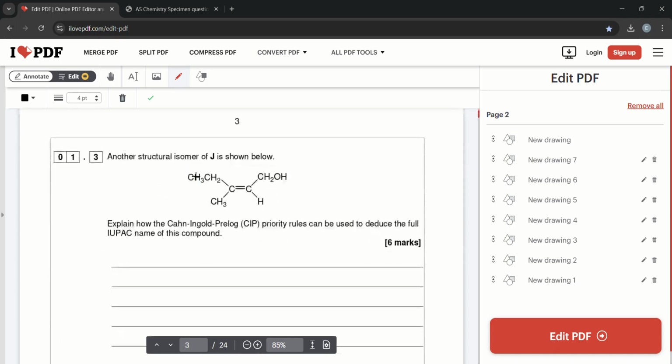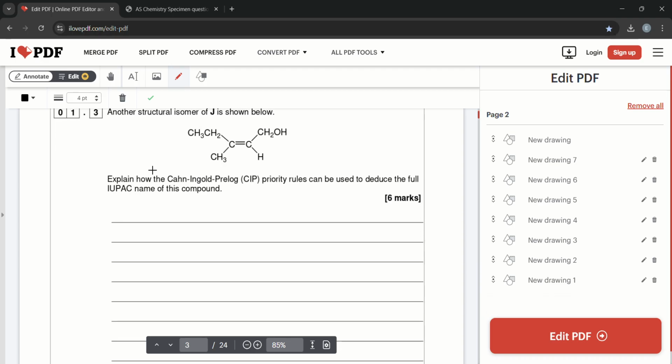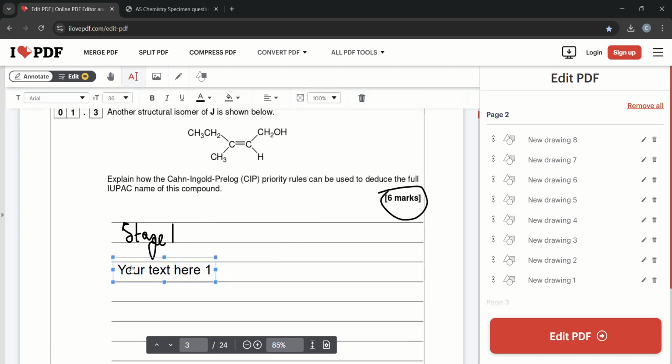And 1.3, explain how the CIP priority rules can be used to deduce the full IUPAC name of this compound. 6 marks. So we're going to have 3 stages. Stage 1. We're trying to name this using the CIP rules, the Cahn-Ingold-Prelog rules.